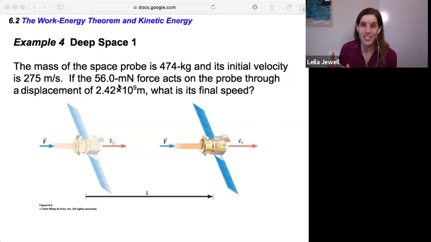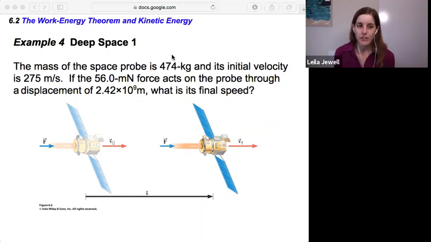Half of an apple's weight is pushing the space probe that is almost 500 kilograms. Wow. So it doesn't seem like it could do that much, but it is acting over a large displacement, 2.42 times 10 to the 9 meters. So we might see a significant change in the speed of it. Something we can investigate, all right?